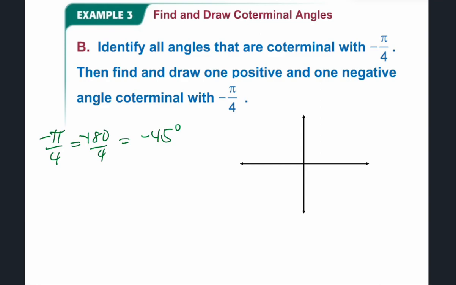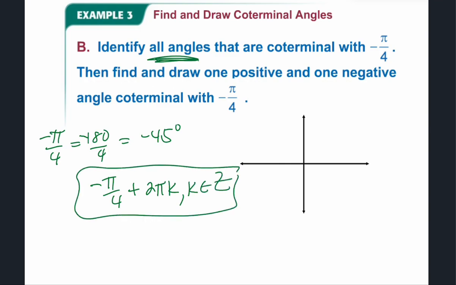Okay, so here's my suggestion. Until you know radians really well, turn it into degrees. Let's do the math for degrees. If we were going to keep it radians, the all angles means that we add or subtract 2 pi k, where k is an element of the integers.